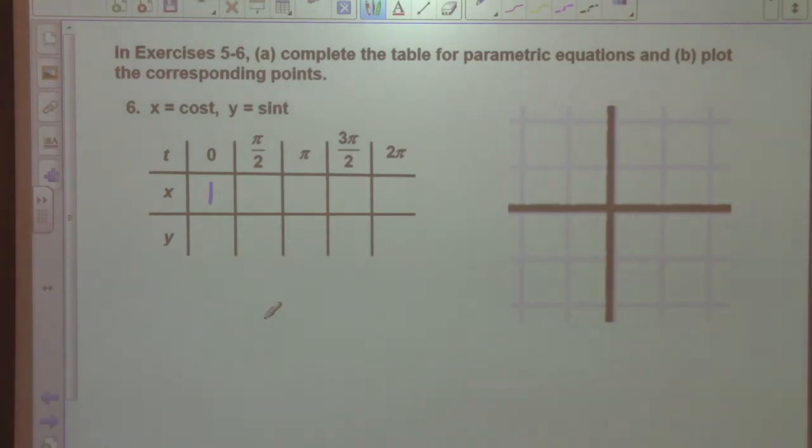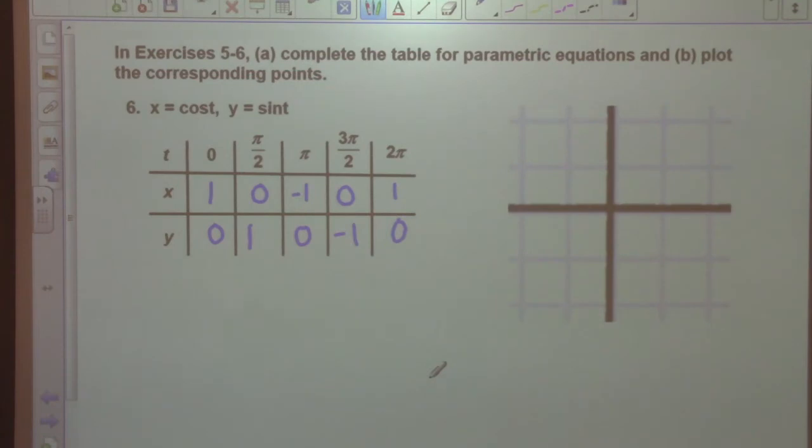One thing I've seen people do sometimes is change these radian measures into degrees to make it easier. When you figure all these out, your table should look something like this.